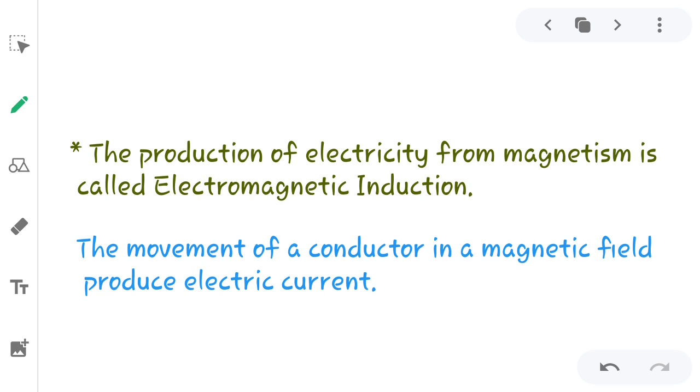Up to here in this chapter, we studied that a conductor gets some magnetic effect when current flows through it. But now we will use that and see how electricity is produced from magnetism.